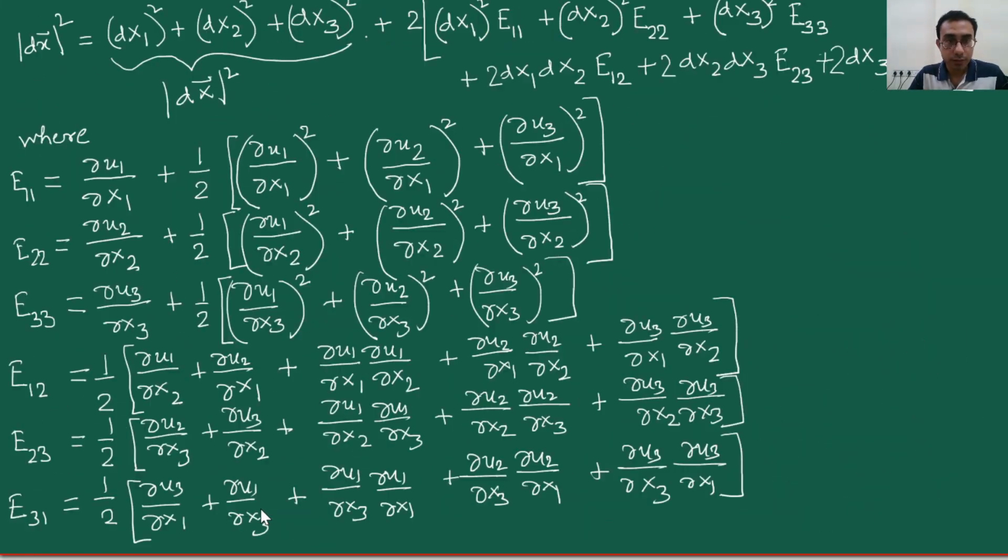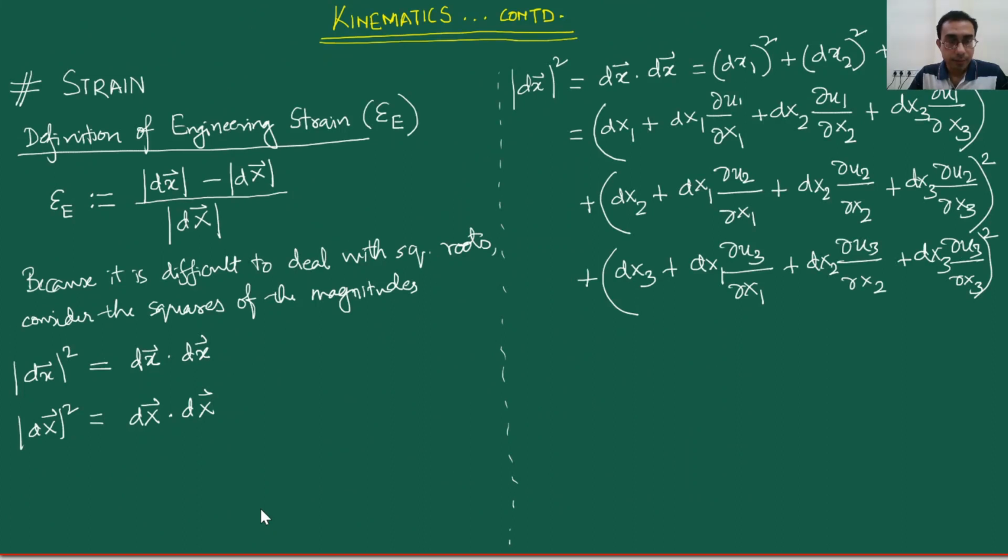If we go back a few slides, you see here we have the definition of the engineering strain. It is very much involving the d small x vector and the d capital X vector, but in a slightly different fashion.